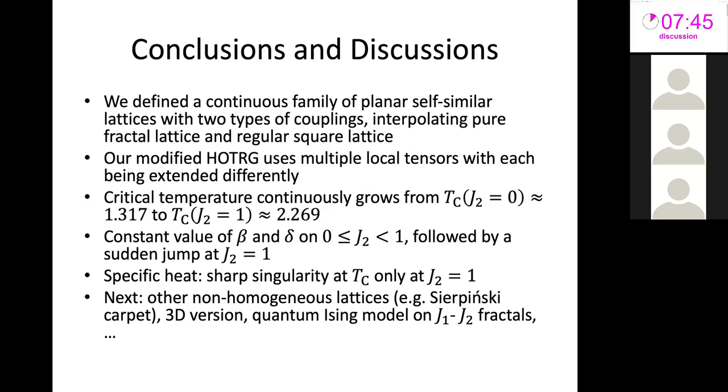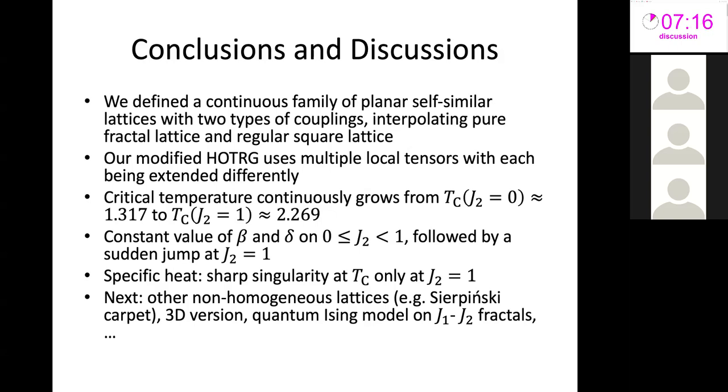And our modified HOTRG approach employs multiple local tensors, with each of them being extended according to its own extension formula. So we found out that the critical temperature grows continuously as we increase the value of J2 from 0 to 1 by fixing J1 to be equal to 1.